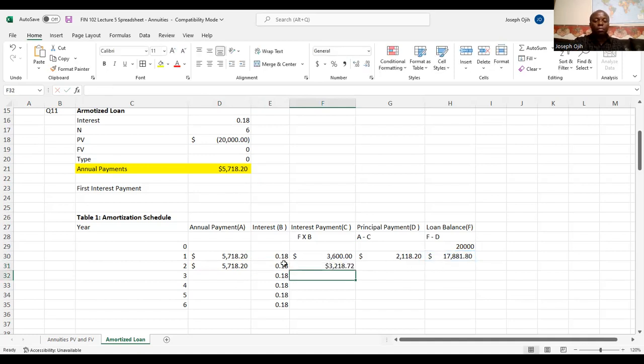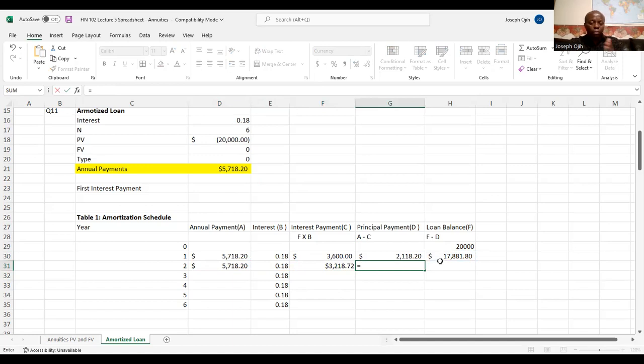Okay, I see $3,218.02, and the amount that goes to the principal will be equal to the amount that you paid minus the amount that went to settle the interest, which was $2,499.48.